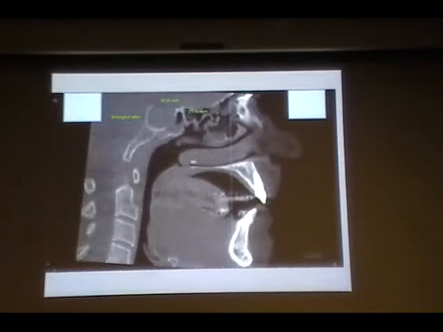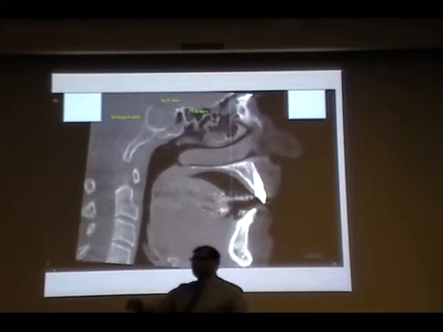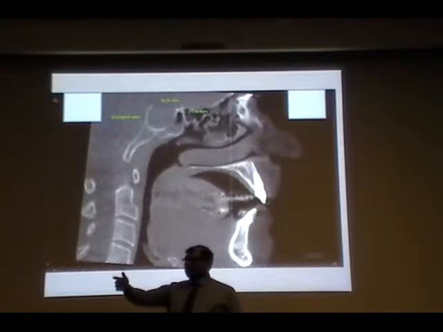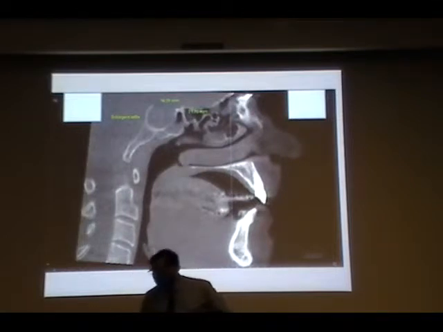So what structure do you think this one is? You guys had anatomy dealing with the nasal cavity. Somebody said that. Inferior nasal turbinates, yes.